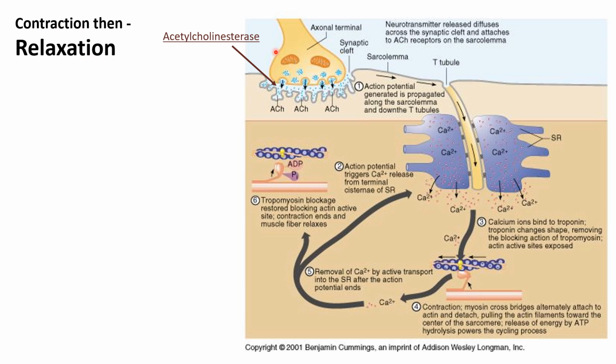Now, if you keep stimulating, you keep releasing the acetylcholine, you'll get tetanus. That's true. But most of the time, we aren't doing super long contractions, a few seconds, all right? So we need a relatively rapid way to relax. Otherwise, we'll go into tetanus every time we try to contract a muscle, okay?